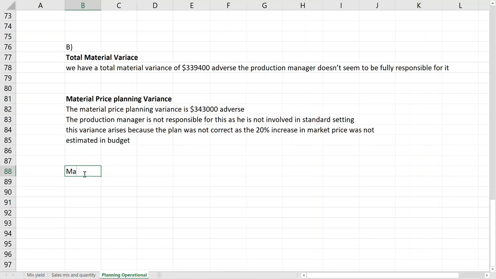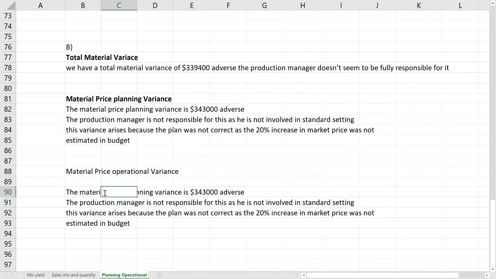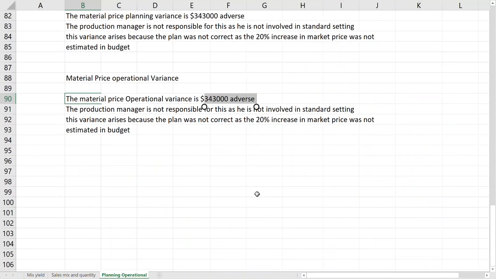We have material price operational variance. The material price operational variance is favorable. How much favorable? 68,600 favorable.